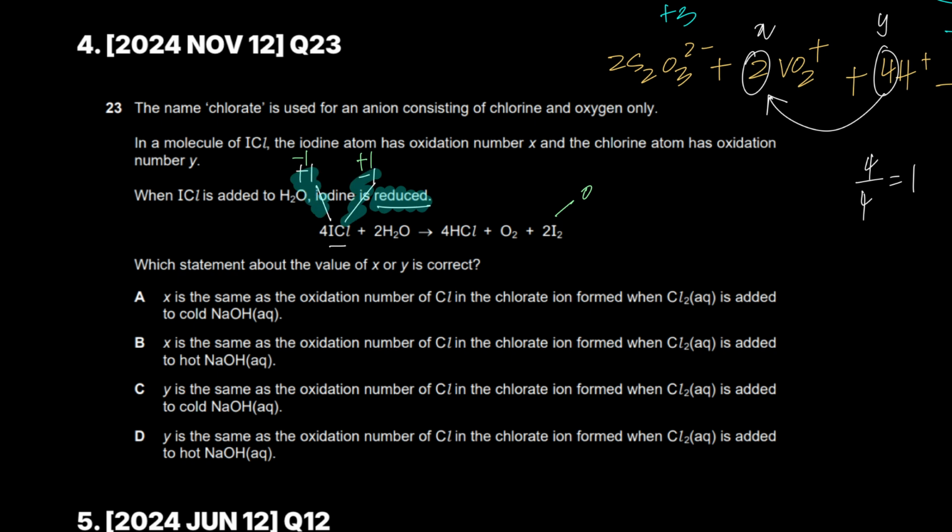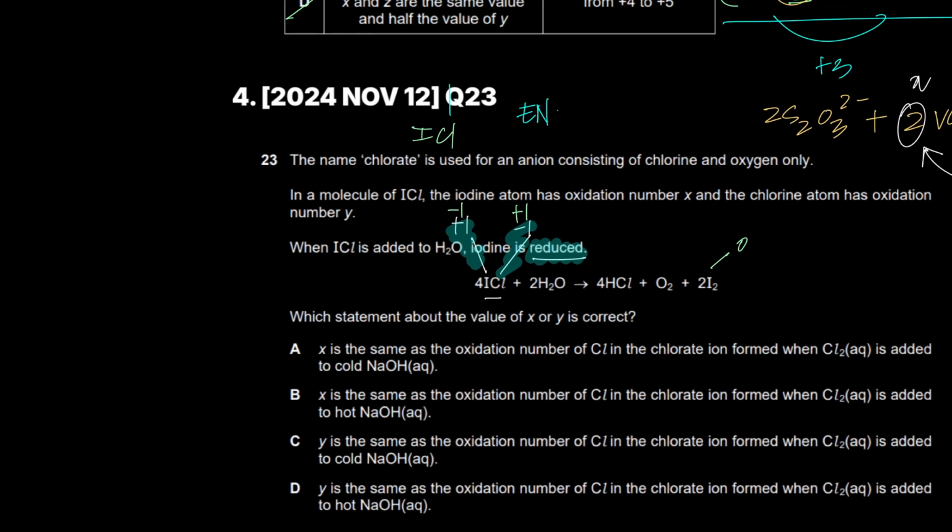And one more fun fact. I've taught you guys this even in the live classes, that it all has to do with electronegativity. Which one is more electronegative? Is chlorine more electronegative or is iodine more electronegative? Obviously, chlorine is more electronegative. It's at the top compared to iodine. So the one that's more electronegative should have the negative oxidation number.